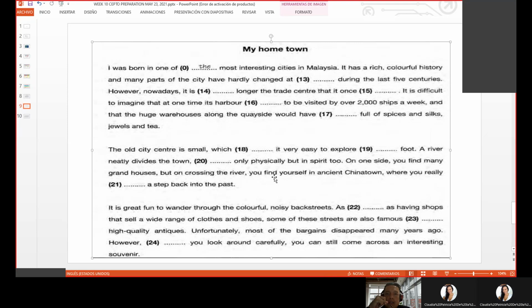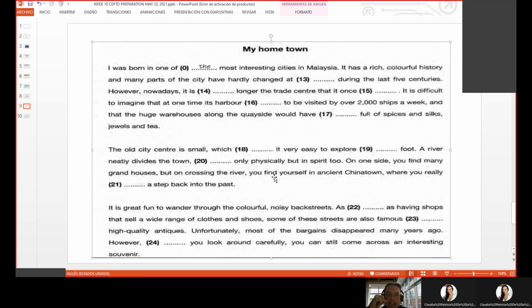Okay. So I was born in one of the most interesting cities in Malaysia. It has a rich, colorful history, and many parts of the city have hardly changed at all during the last 5 centuries.